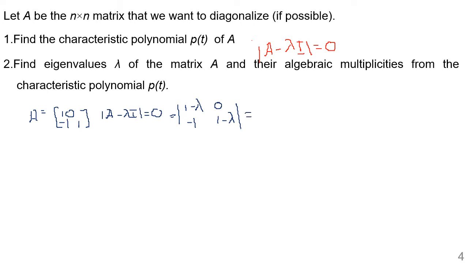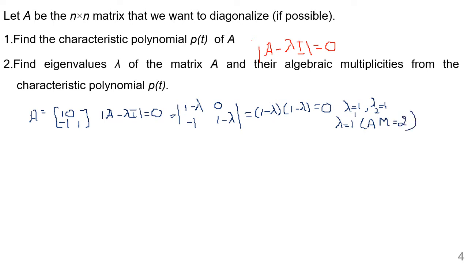That will give you 1 minus lambda multiplied by 1 minus lambda is equal to 0. So lambda is equal to 1. Lambda 1 is 1, lambda 2 is 1. We say that lambda is equal to 1, and the algebraic multiplicity is equal to 2.